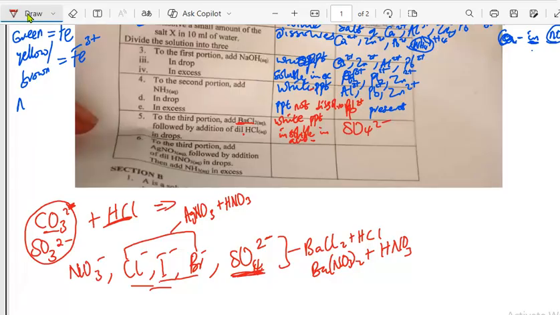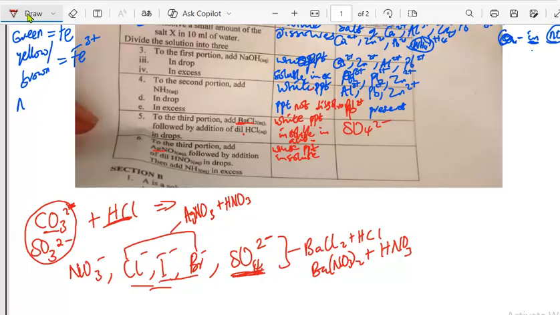If you are asked to add silver nitrate, then you are suspecting halide ions. Silver nitrate in the presence of dilute acid, if it is chloride, you will notice a white precipitate, not just white, a heavy white precipitate, insoluble in excess acid.